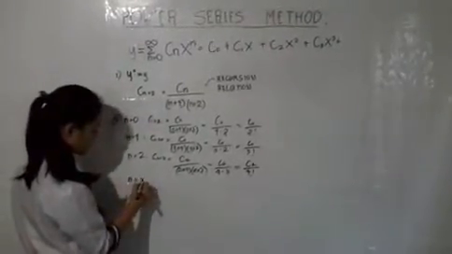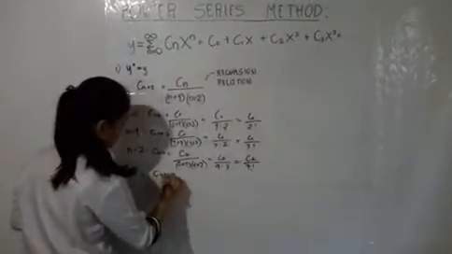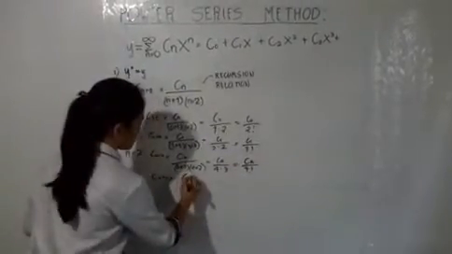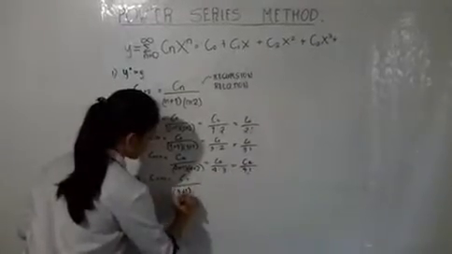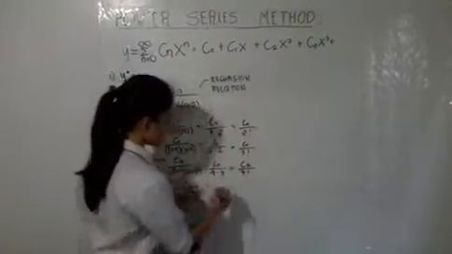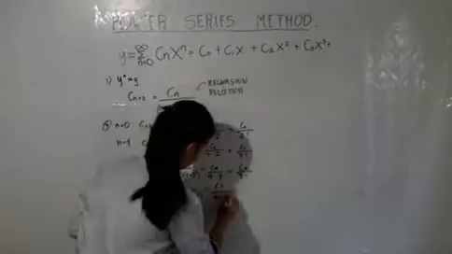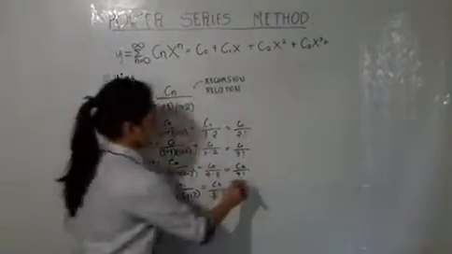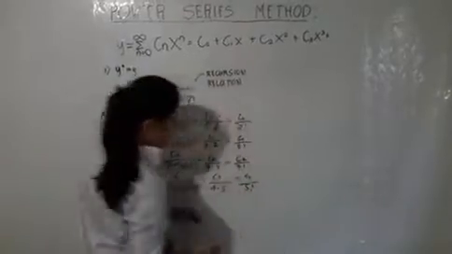If n is equal to 3, c_(3 plus 2) is c3 over (3 plus 1)(3 plus 2), equal to c3 over 4 times 5, which can be c5 over 5 factorial.